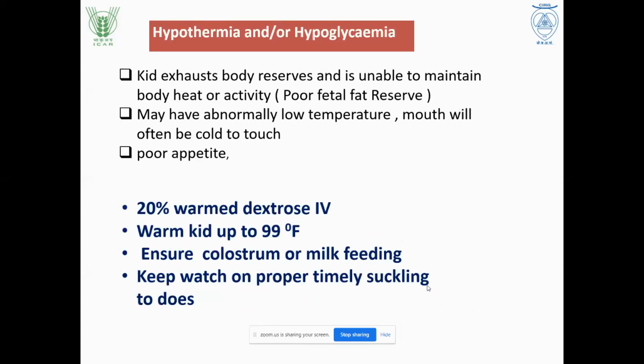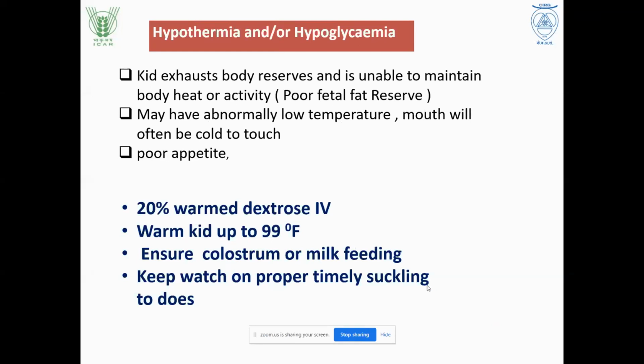Hypothermia and hypoglycemia. As you know, the young one, when it is born, has a very poor fetal fat reserve. If it is born from a weak mother, it is still lesser. So under this situation, there is a risk of hypothermia, and a risk of hypoglycemia when there is not availability of the proper amount of milk. The kid is exposed to the environment very easily, and there is a risk of mortality.